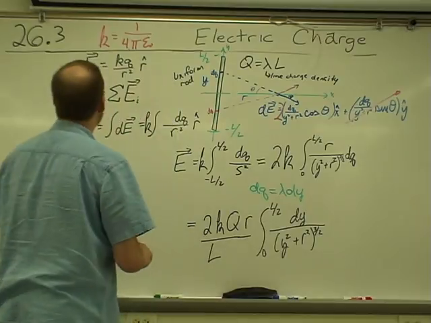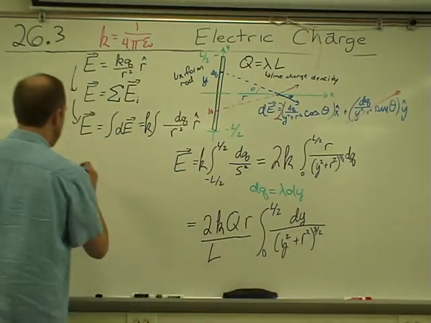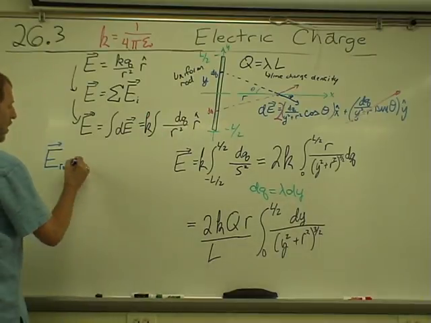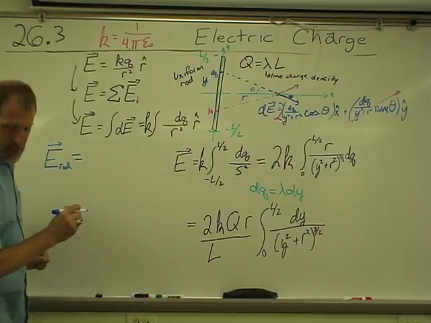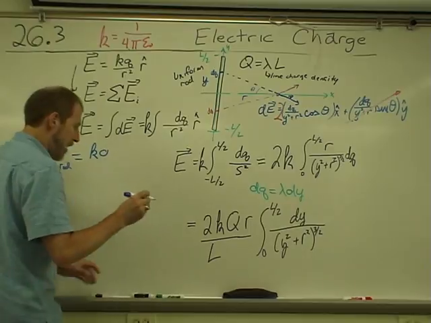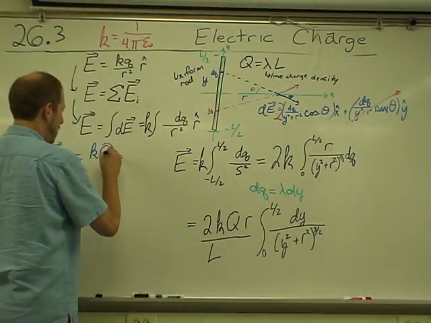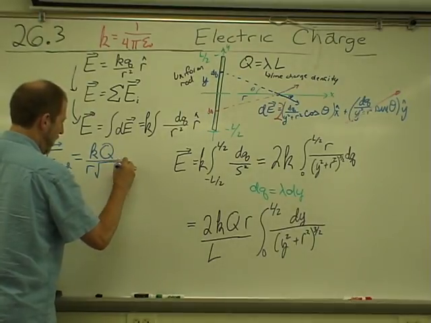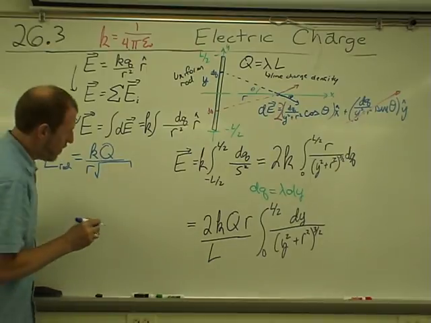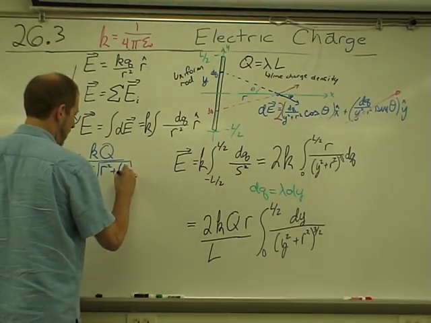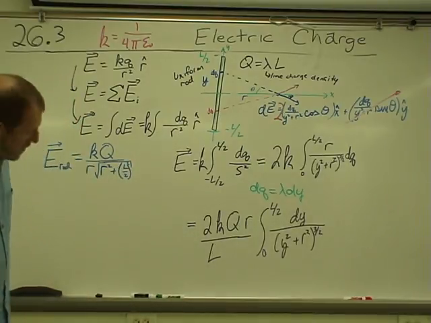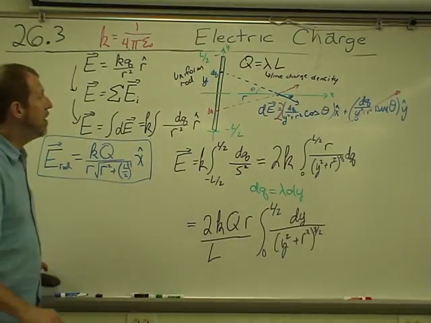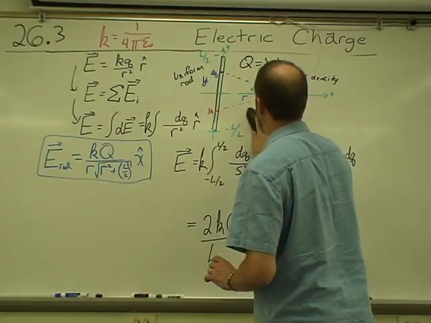Which gives us that the electric field of a rod, as drawn here, will be kq, actually that q is this q, the total charge of the whole piece, divided by r times the square root of r squared plus L over 2 squared, in this case, in the x direction.